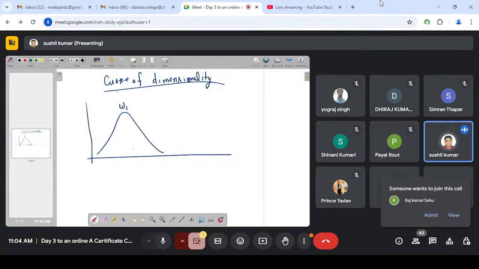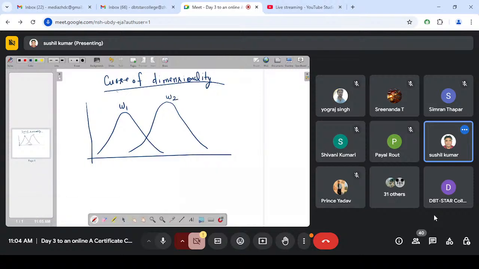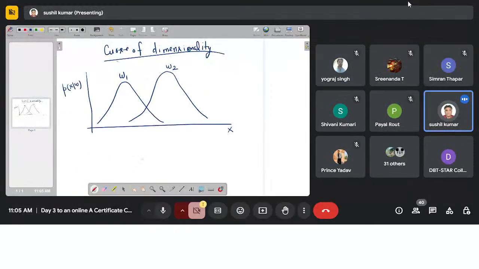One is this class, and one more class I have here, omega 2. So I have two classes, but we are not limited to two classes. We can have 2, 20, 30, 100, so many classes may be there. But to understand the problem, we are taking very few classes here.